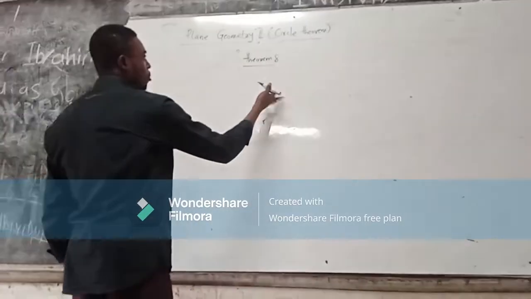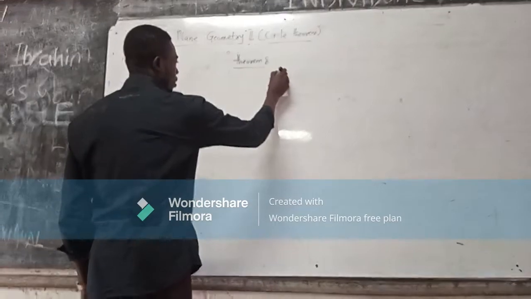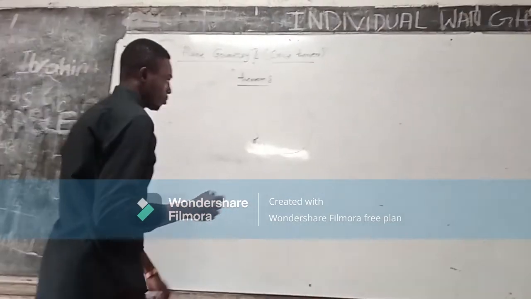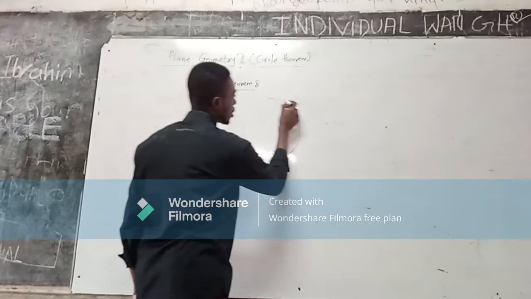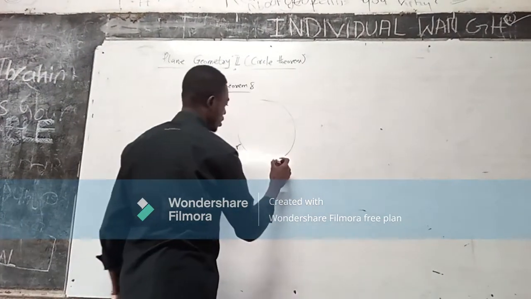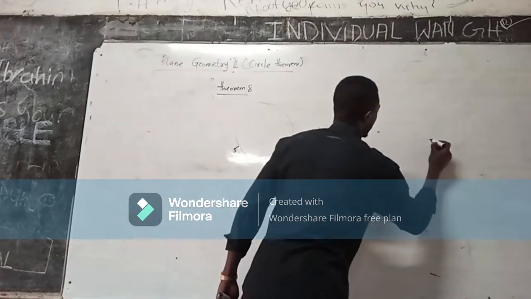So it's combined with the tangent and the circle. Now we are having two tangents. One is here and another one is here.